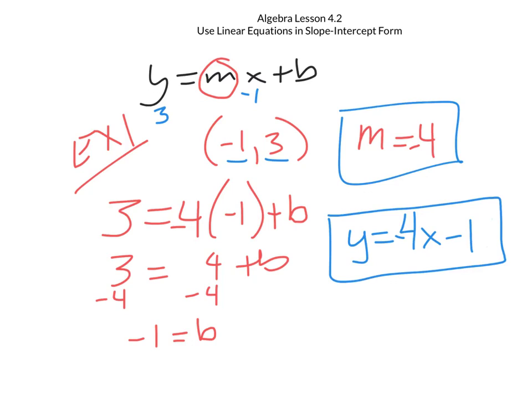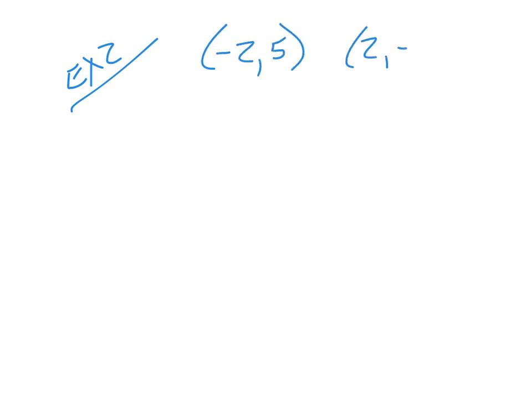All right, let's look at example 2. This time they've given you 2 points. We have -2, 5, and 2, -1. So, can I find my slope? Yeah. What equation am I using? y2 minus y1. Very good. Over x2 minus x1. So, does it matter which ones I choose?